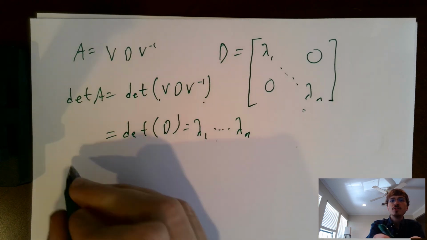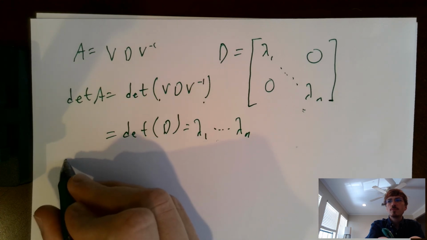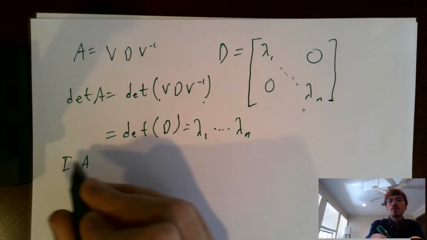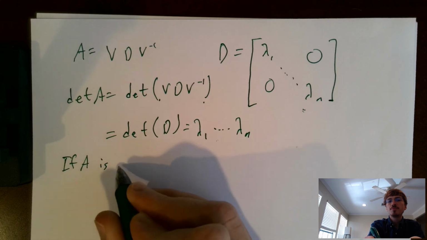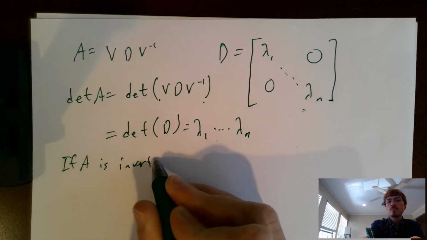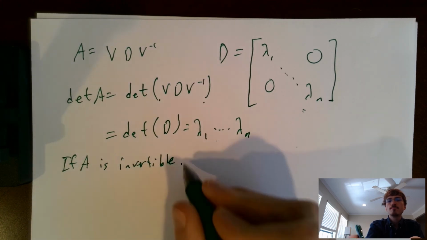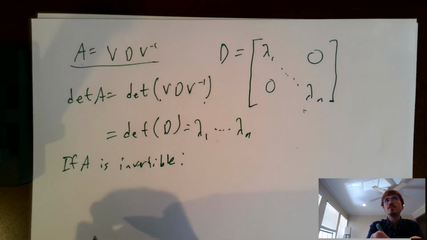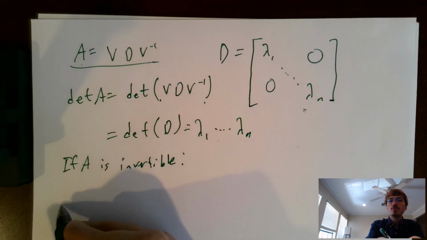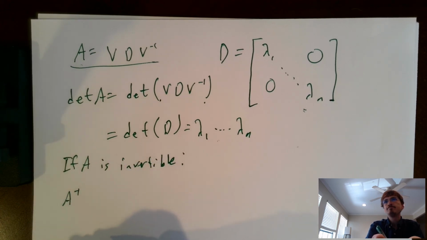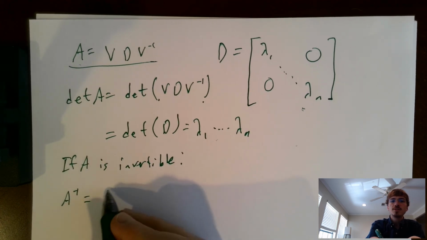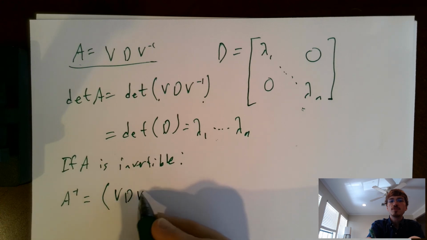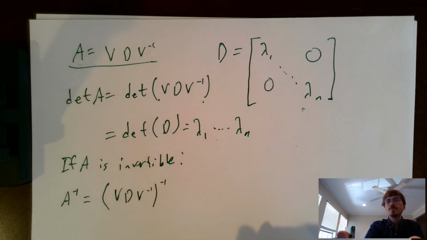What if we know that A is invertible, and we know that it has this presentation, V D V inverse. How can we compute A inverse? Well, it's going to be V D V inverse, inverse.